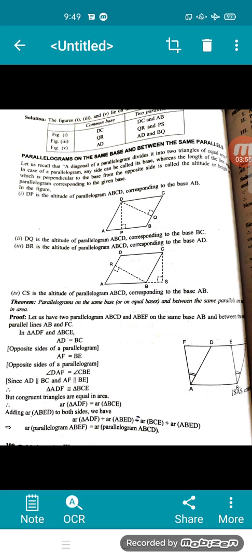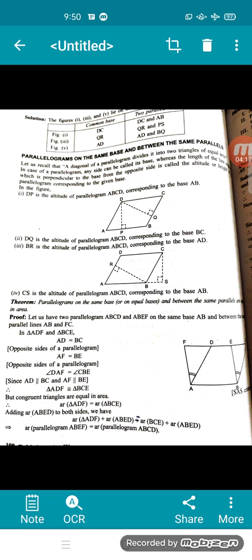Here we say parallelograms on the same base and between the same parallels. Let us recall that a diagonal of a parallelogram divides it into two triangles of equal area. In case of a parallelogram, any side can be called its base. Please take note, any side can be called its base.